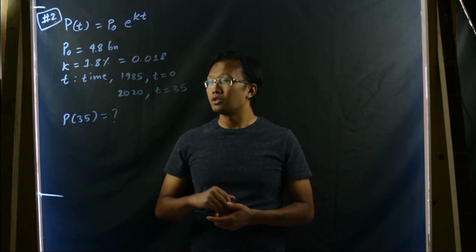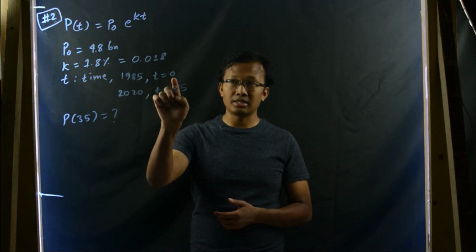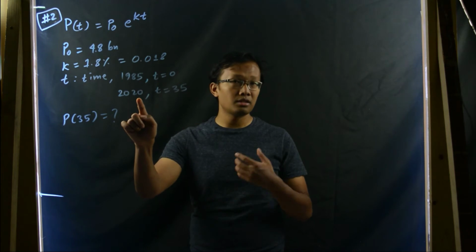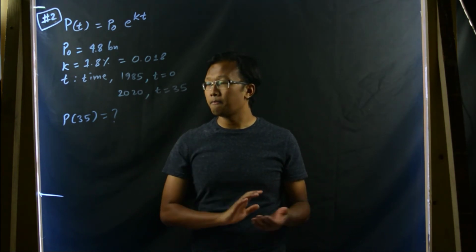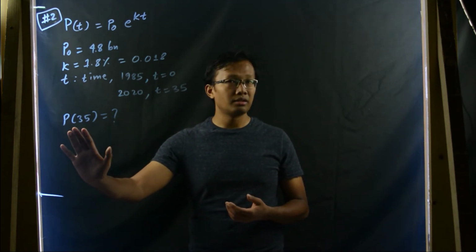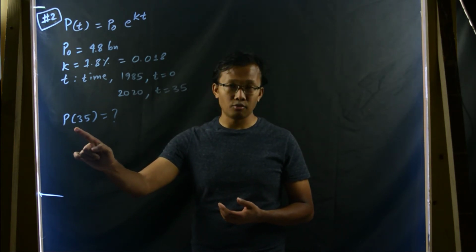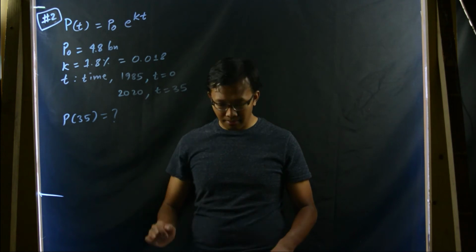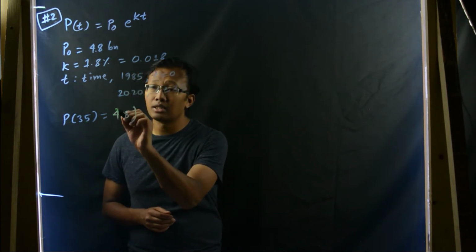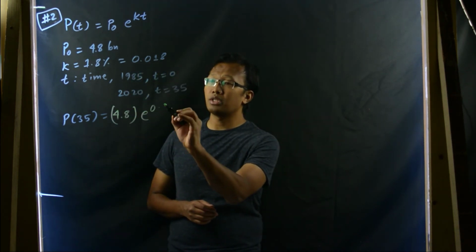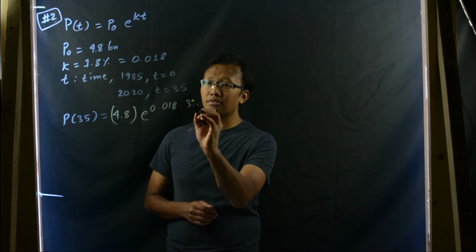So 1985 is t equals 0, and 2020 is t equals 35. So what is the population in the year 2020? That's P(35). We need to figure out the value of P(35): 4.8 e to the power 0.018 times 35.